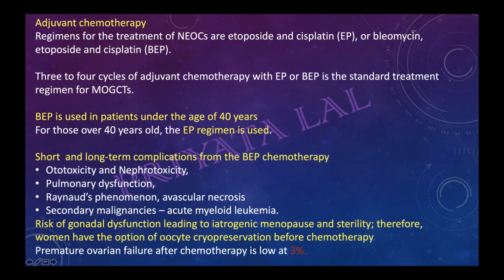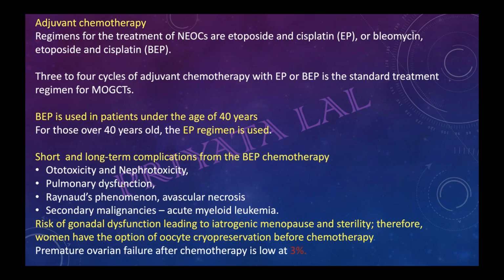Okay. Now the risk of gonadal dysfunction is there because chemo radiation has been used. Therefore whenever there are young patients and the treatment is going to start, a discussion about cryopreservation before chemotherapy should always be done. And the risk of POF, premature ovarian failure, after chemotherapy is 3%.